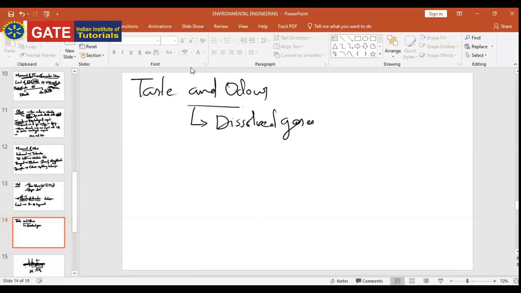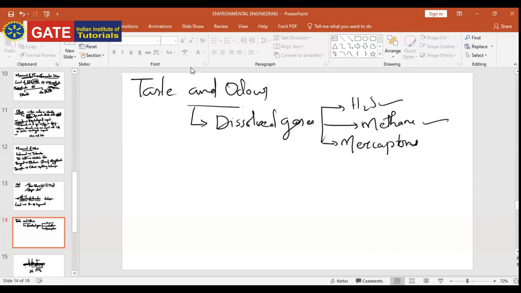The major dissolved gases are H2S, methane, and mercaptans. So the presence of H2S, methane or mercaptans in water can cause taste as well as odor.